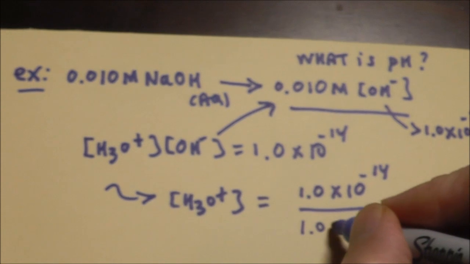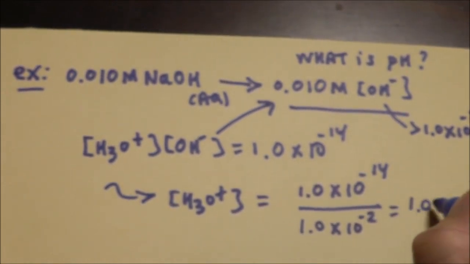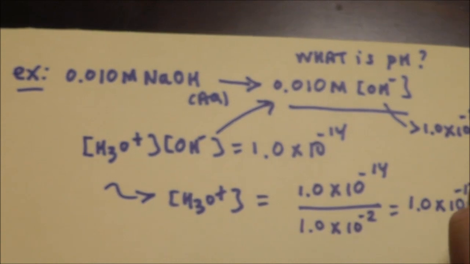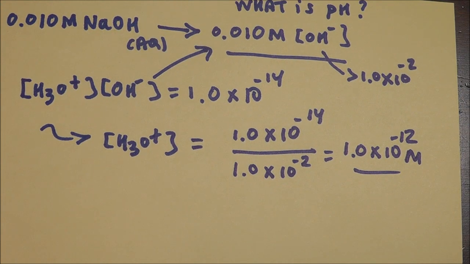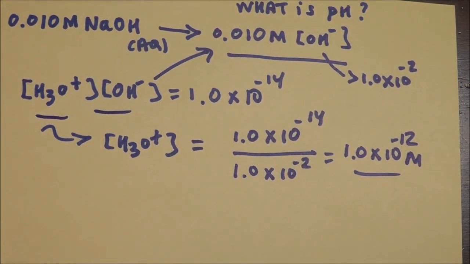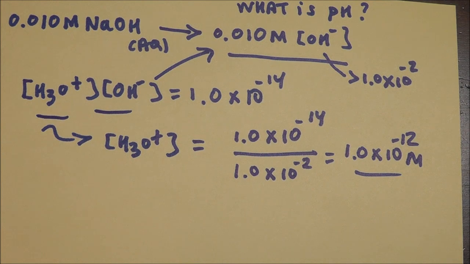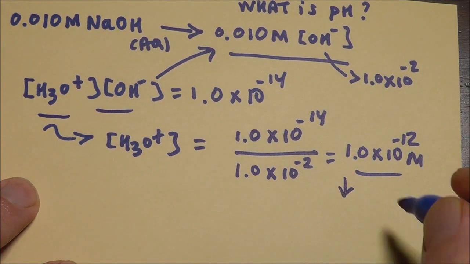This would be 1.0 times 10 to the minus 12 in H3O+. Remember, that product can't be anything other than 10 to the minus 14. If you multiply H3O+ times OH-, it can't be anything other than 1 times 10 to the minus 14.